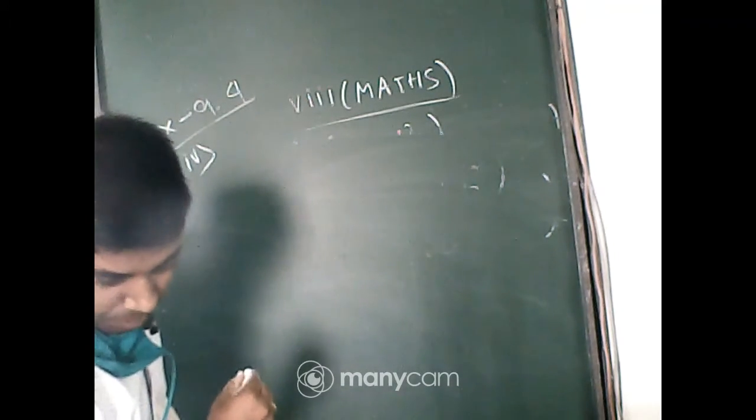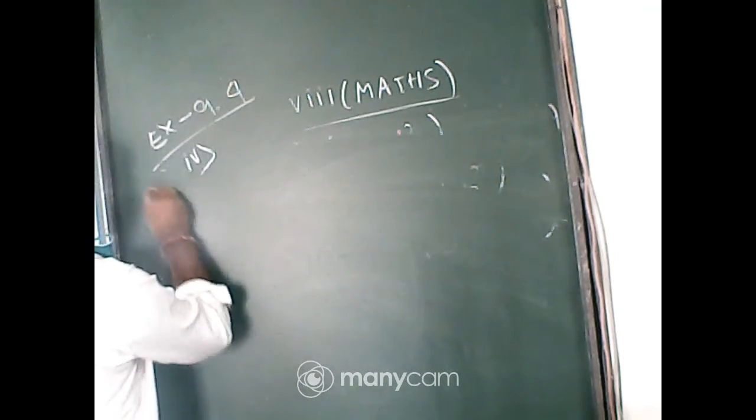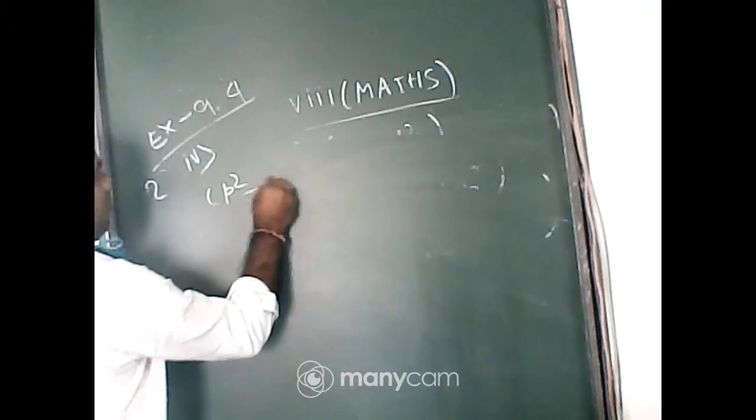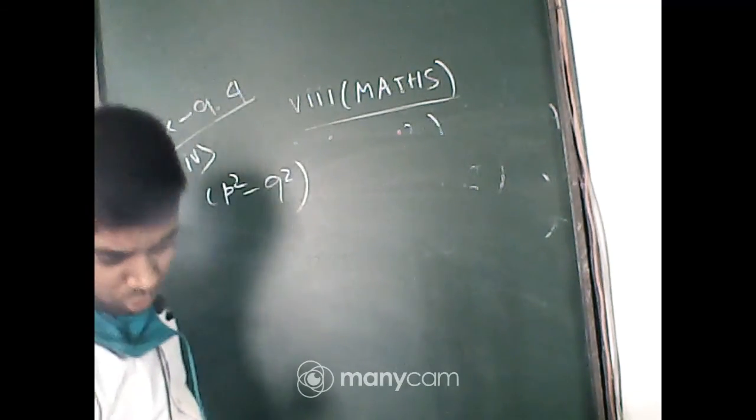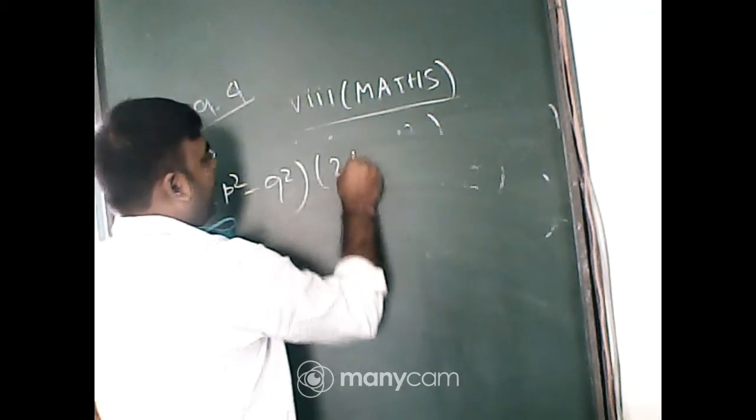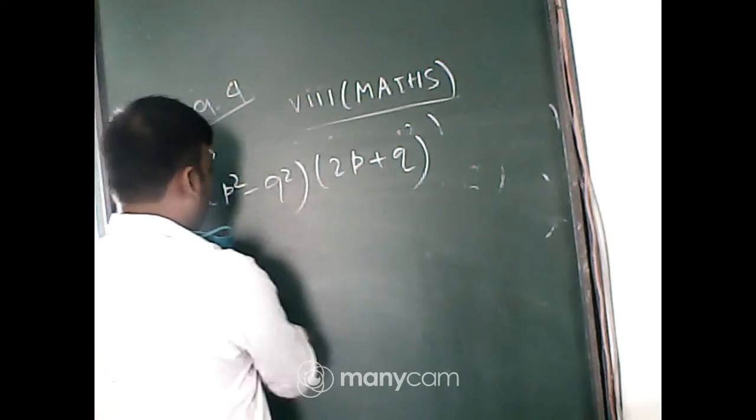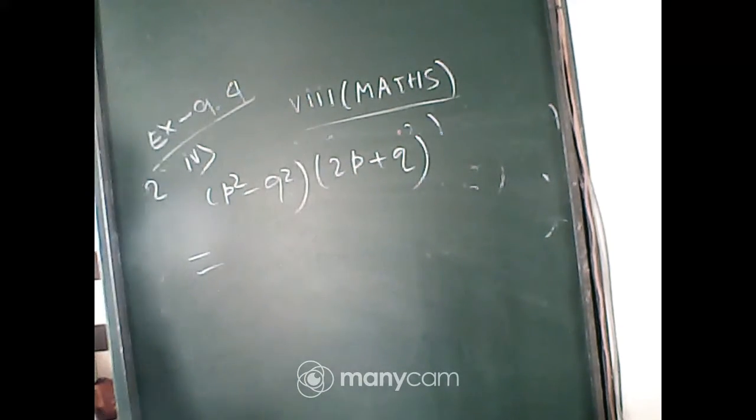Question number 4, that is p square minus q square and 2p plus q. Tell me what answer will be.